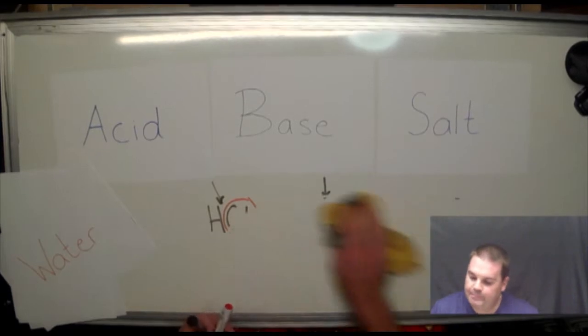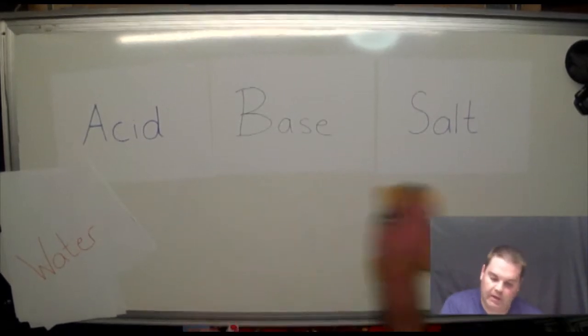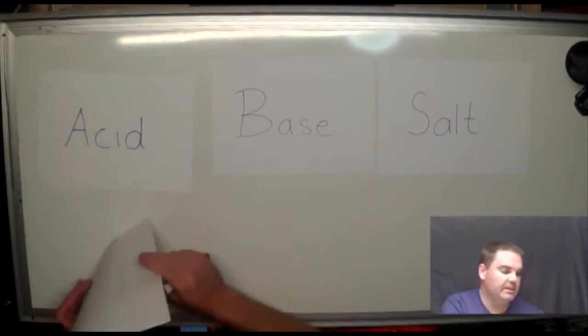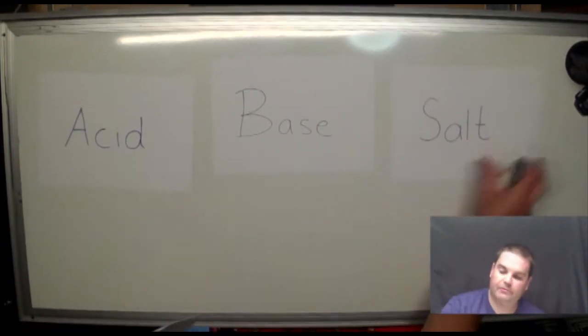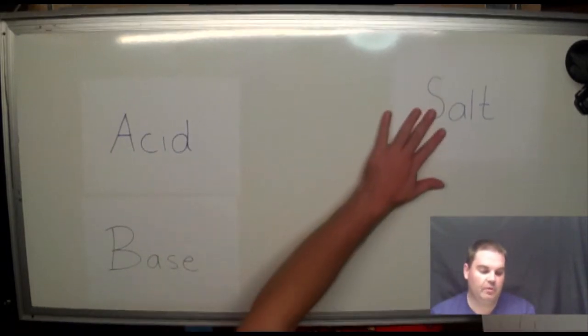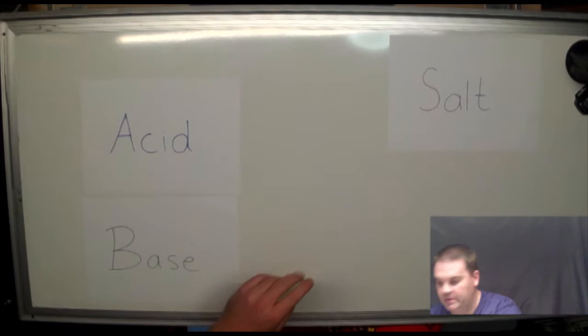But I'm going to show you a number of different things. What I'm going to focus on firstly are a number of different acids and a number of different bases, and we're going to look at what salt we actually get from this.